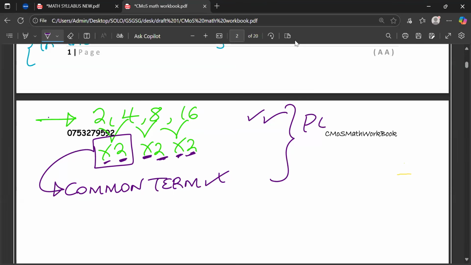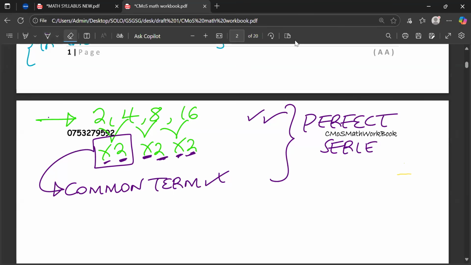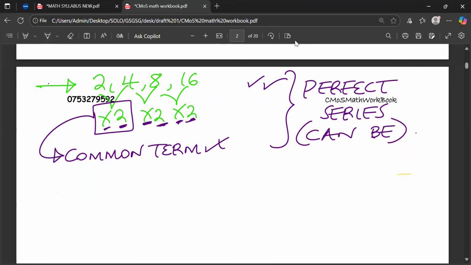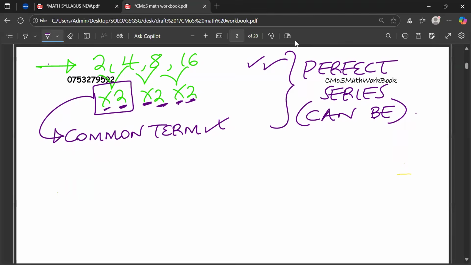It's not even a perfect one because we still have commas there. So I'm going to say perfect series. It can just be a perfect series, after all, we are dealing with a common term. So how do we make it perfect? Commas should not appear.